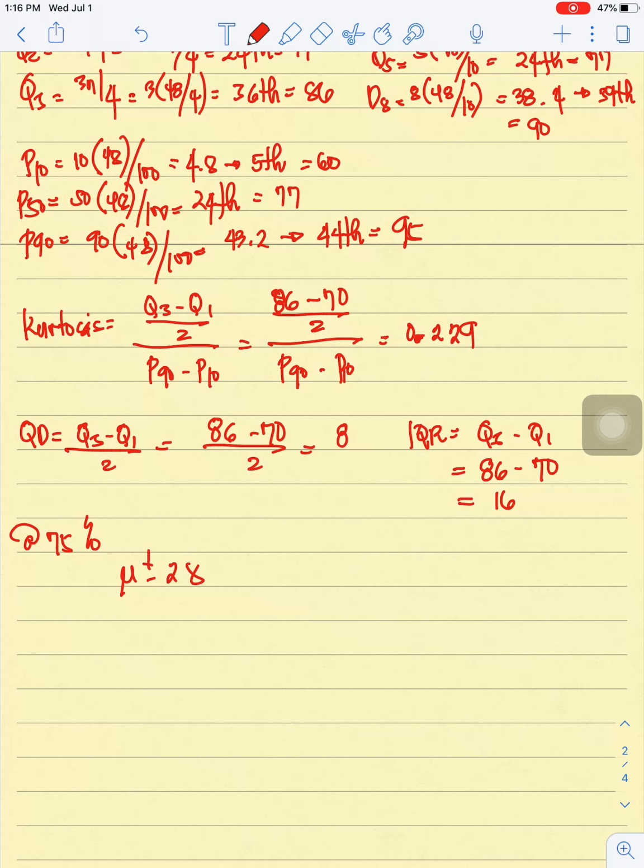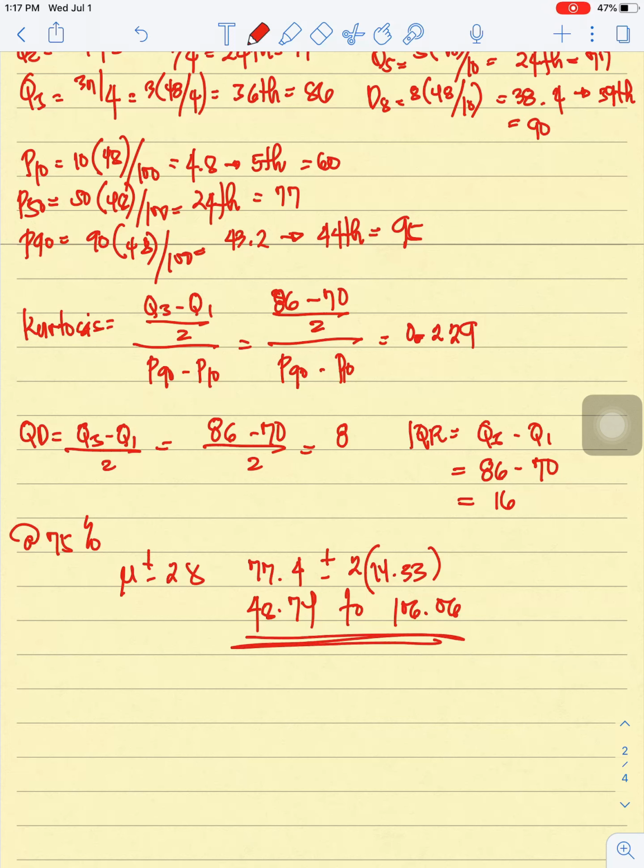Our mean is 77.4, so that would be plus or minus 2 times our standard deviation of 14.33. And it gives me 48.74 to 106.06. So 75% of my data falls in this interval.